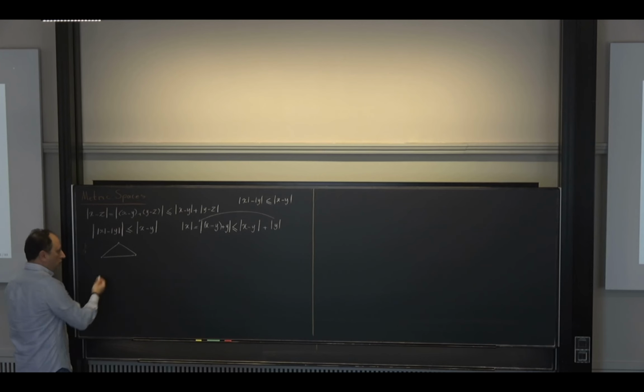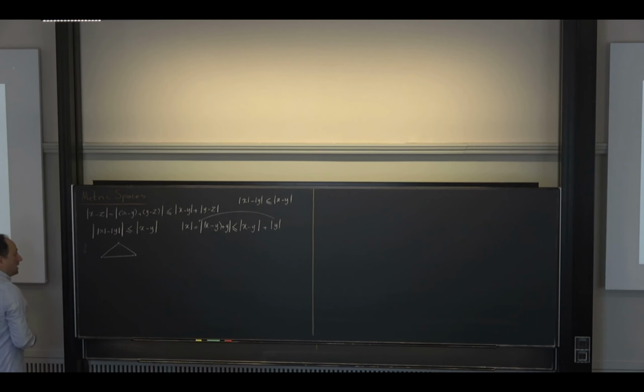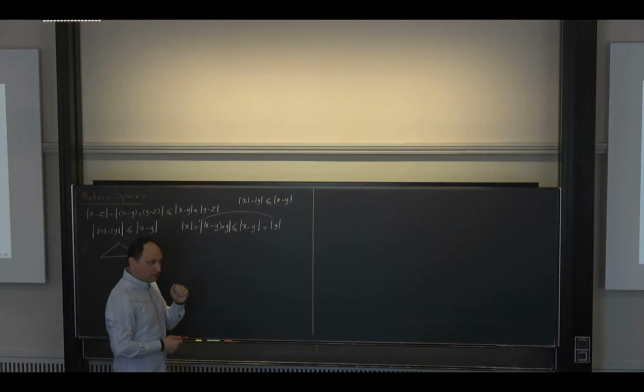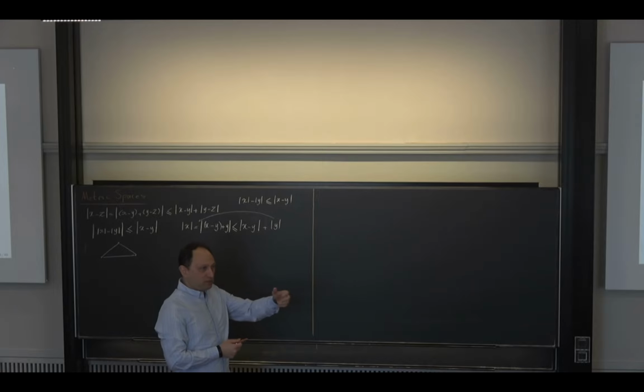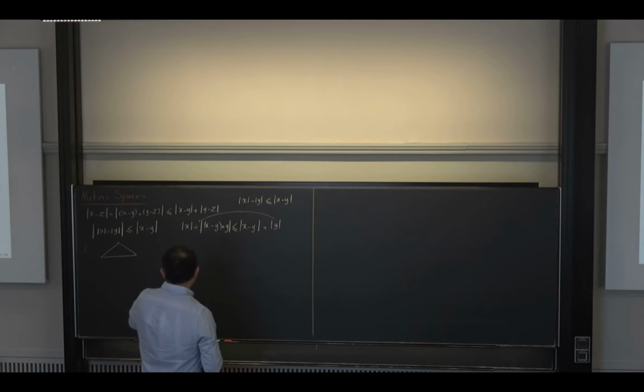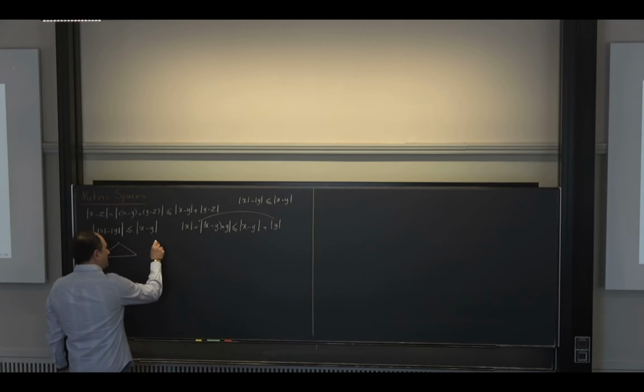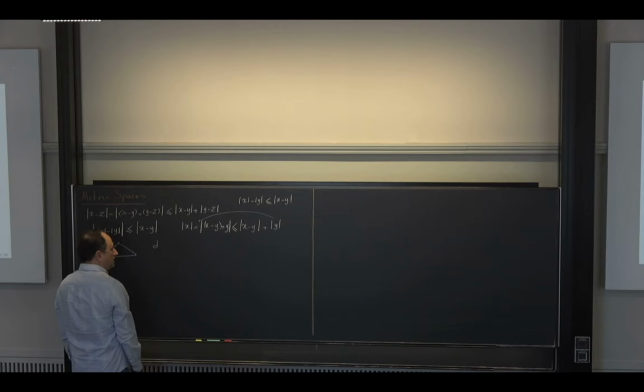Okay, so this is something that we know. These are the properties that the usual distance enjoys. And now we want to abstract them out and say that, okay, I want to define a distance function, which is called a metric, on an abstract set X.